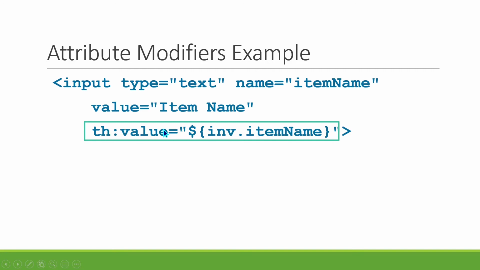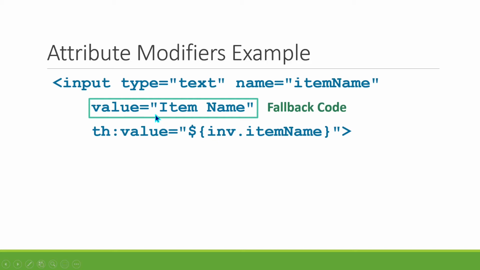So I basically want to pre-populate the input element of a form with the inventory object's item name. I can totally do that. I just use th:value. Of course, you also have to specify the static version of value or the non-Thymeleaf version of value as fallback, just in case. It's always a good idea to include fallback code.